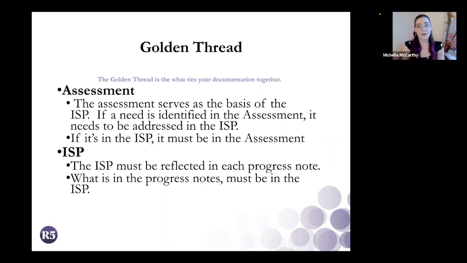Vice versa, if the treatment plan is saying the client is going to work on sleep regulation and coping skills and trauma processing, the assessment should have identified that there are issues with trauma processing and sleep regulation and coping skills. Does that make sense?